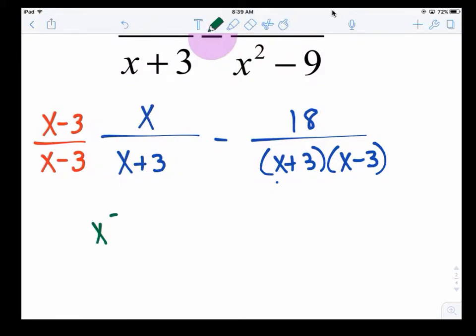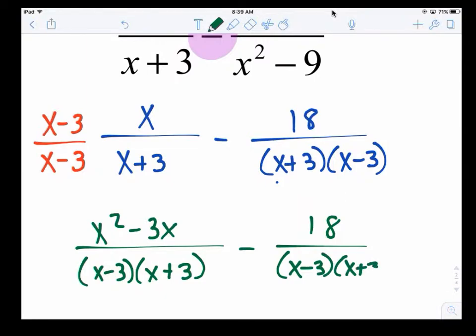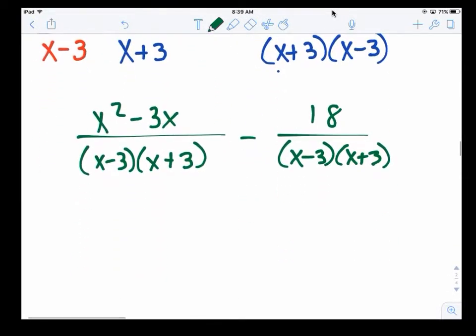All right, so I get x squared minus 3x over x minus 3, x plus 3, minus 18 over x minus 3, x plus 3. So you'd have x squared minus 3x minus 18.